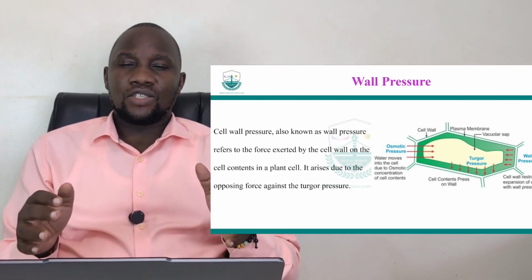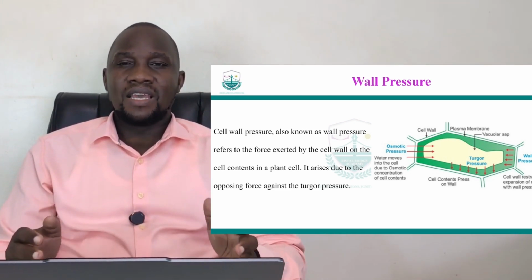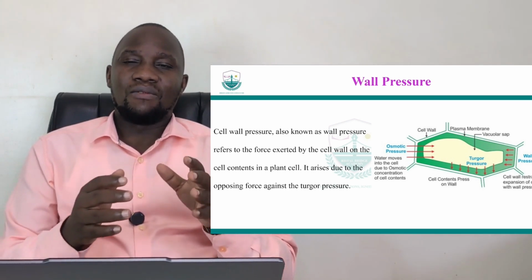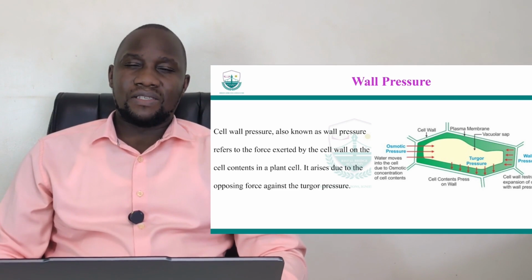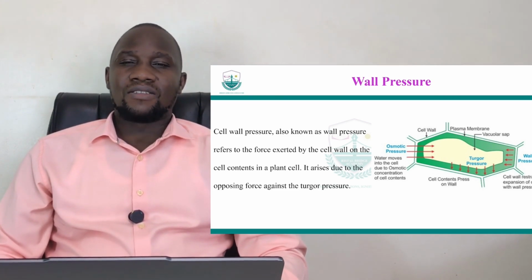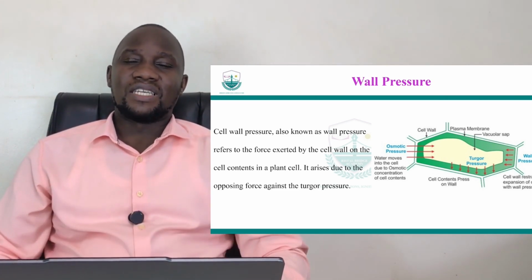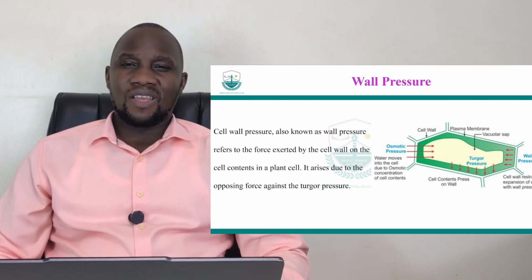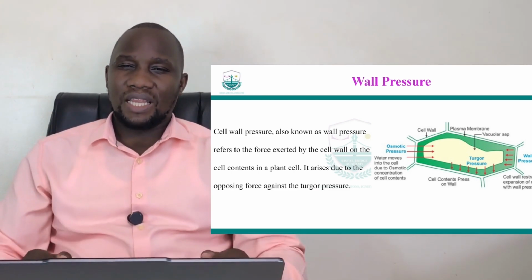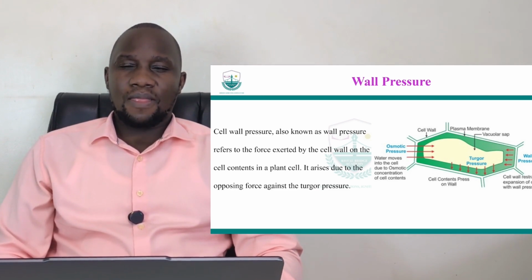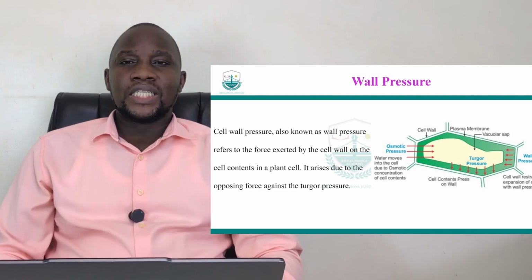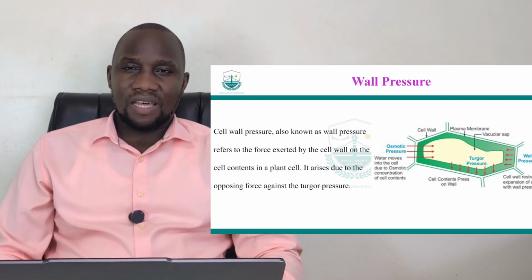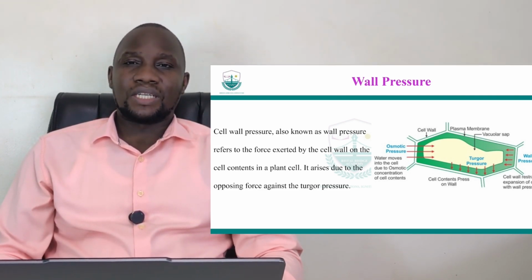So the sap vacuole expands. When it expands, it exerts pressure on the cytoplasm, and that pressure is again transmitted to the cell wall. But the cell wall will also counter that pressure. Because remember, action and reaction are equal but opposite. So you have another pressure, and that pressure is now the wall pressure.